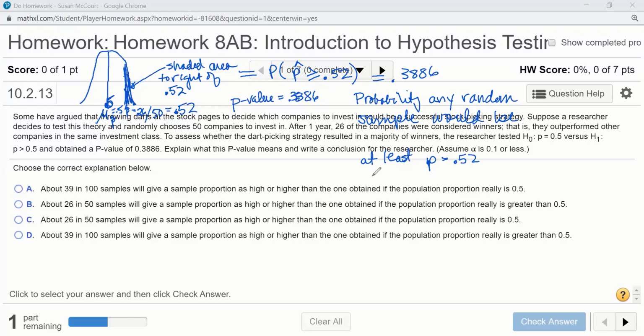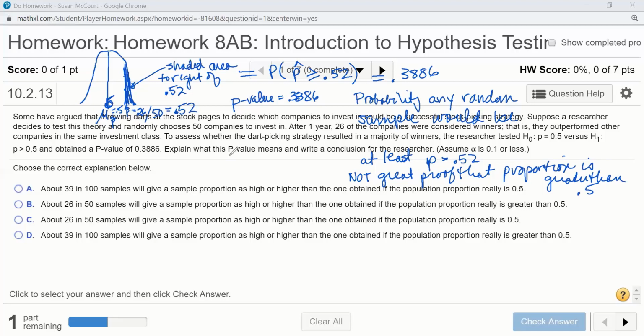So it's not a great proof that the proportion is greater than 0.5. So we're not going to.